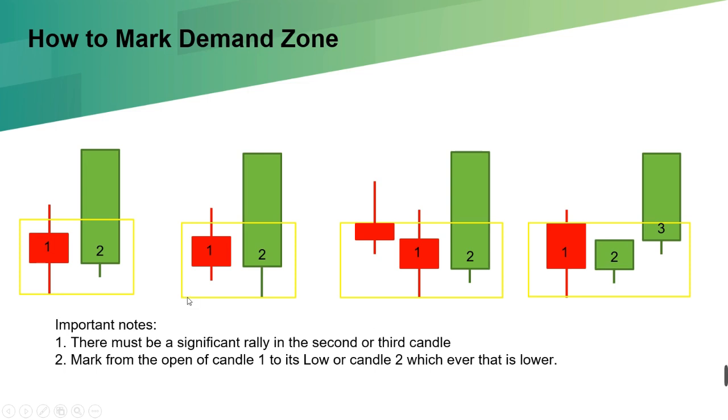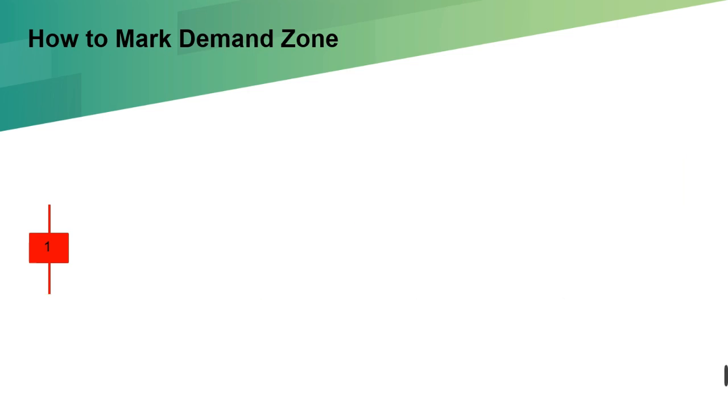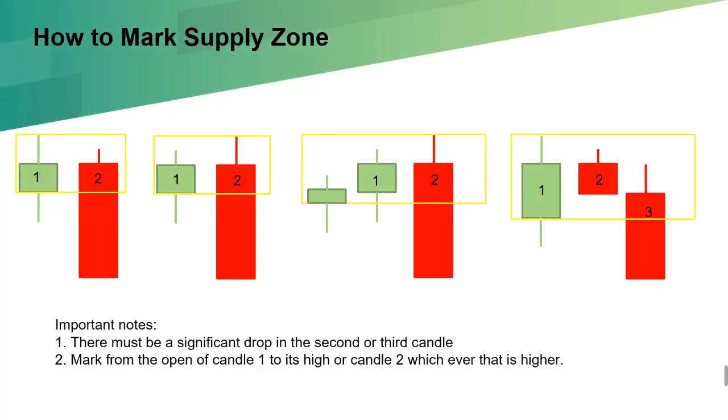So now I'll give you a bit of a hint. I'm going back to the supply zone so that it's more clear. Pardon me. Usually what I will do, this is me, not you, so don't trust a single word that I say. Go back and backtest.